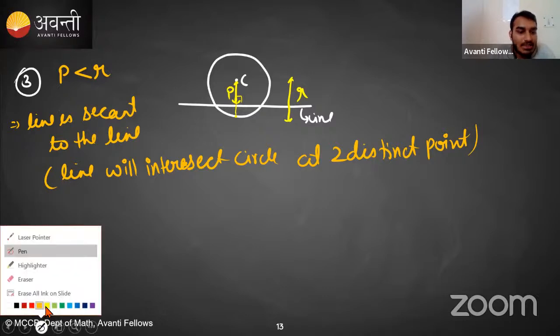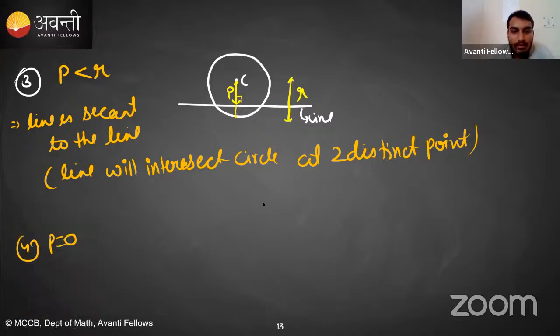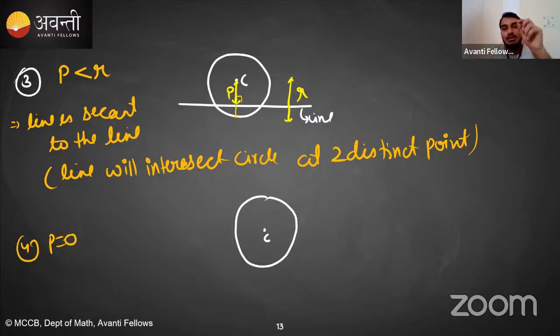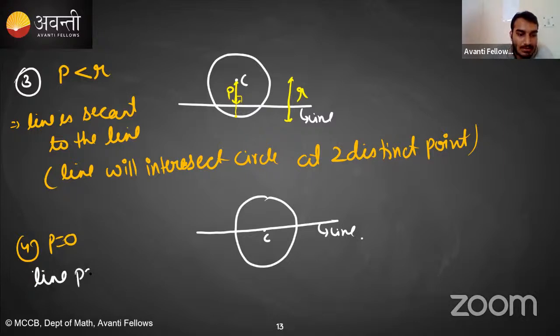The perpendicular distance from the center to the line is 0. What does this mean? If a point is given and the perpendicular distance of that point from the line is 0, it obviously means that the point is lying on the line. So the line passes through the center.